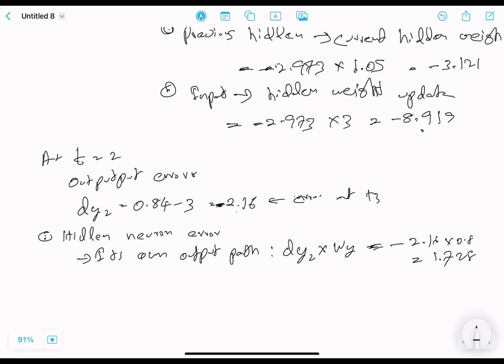Okay, so minus 2.16 came from here, and the weight of y.